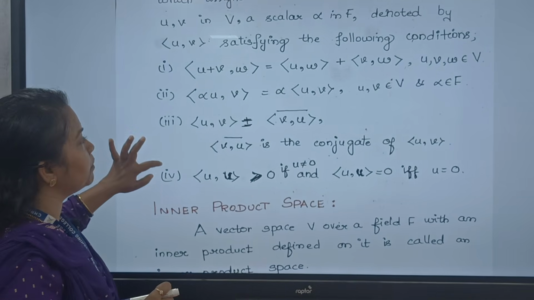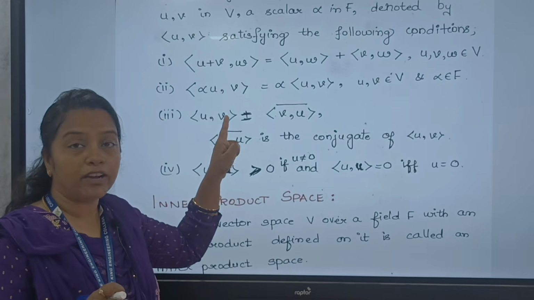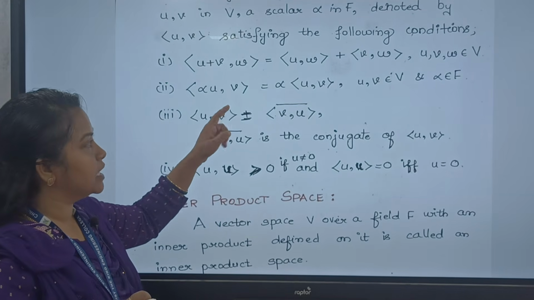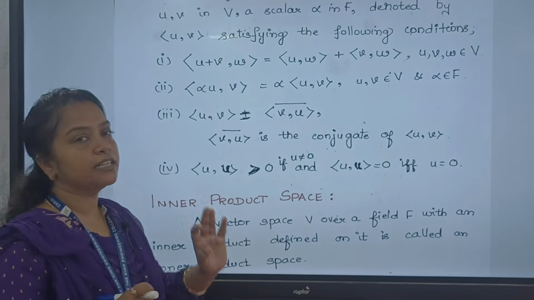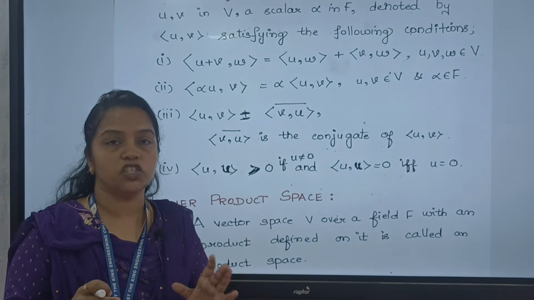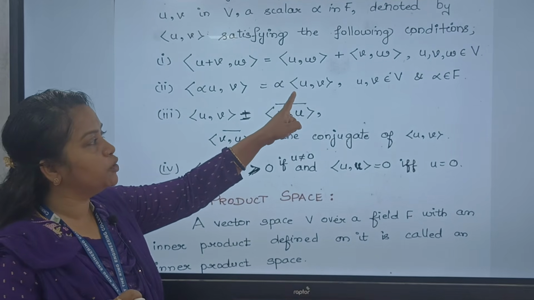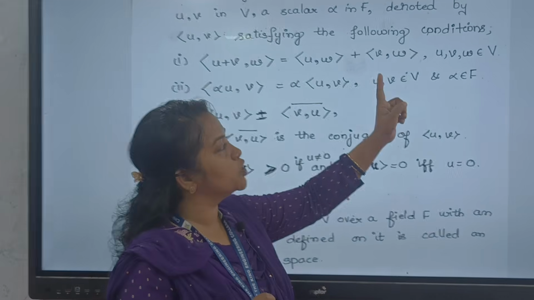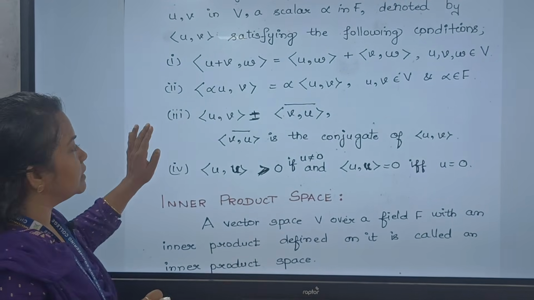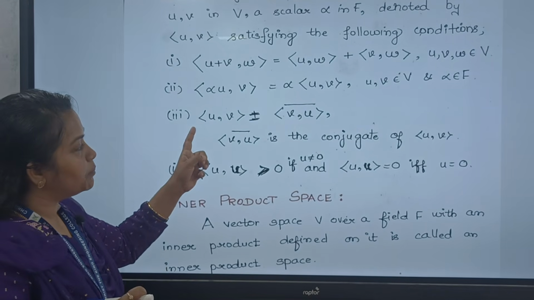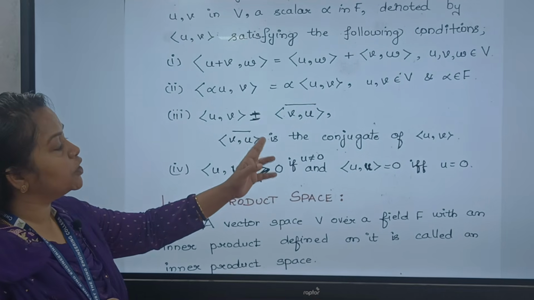The second point is the multiplication of a scalar with one vector and another vector. The scalar is a constant which cannot be changed at any cost. So the inner product of alpha u, v is alpha times the inner product of u, v, where u, v belong to V and alpha belongs to F. The third point is that the inner product of u, v is always equal to the conjugate of the inner product of v, u.